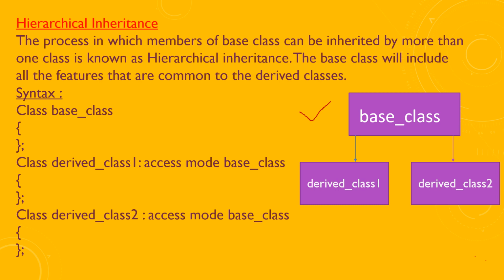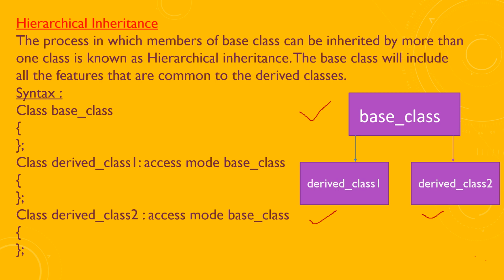So the base class properties should be kept in such a way that they are common to the derived classes which we are deriving from the common base class. Means the members which are in the base class should be required by derived class 1 and also by derived class 2. So some common things which are required in both are kept in the base class so that they can be accessed from it.